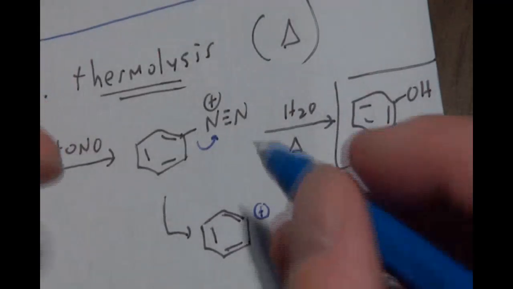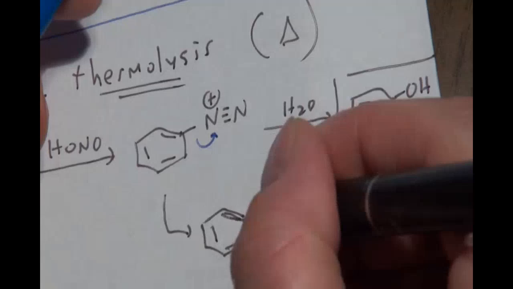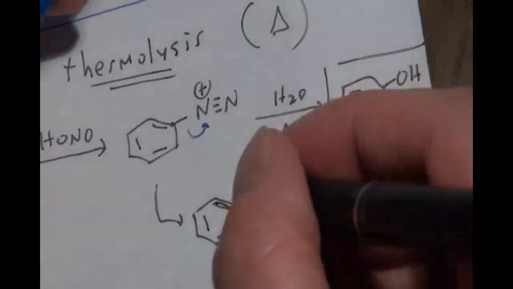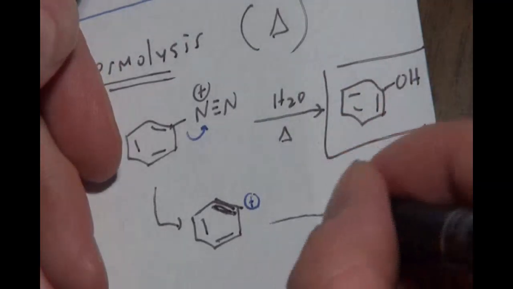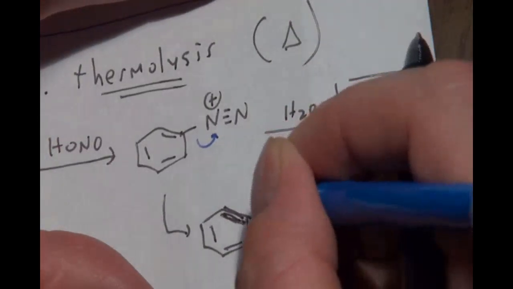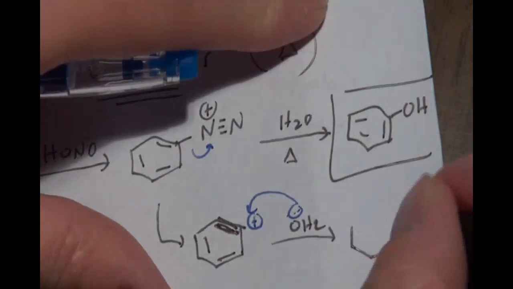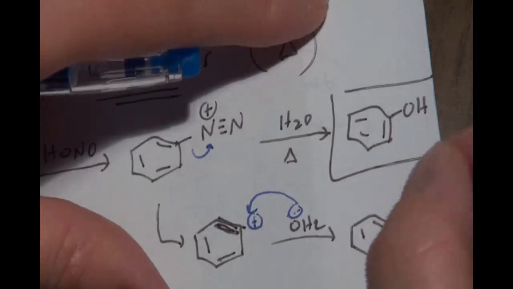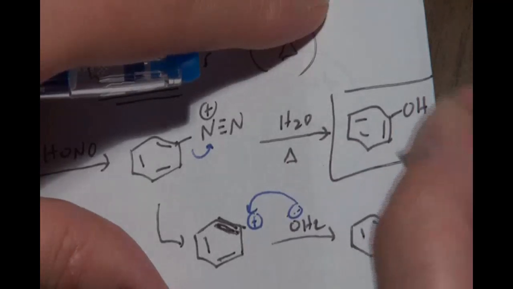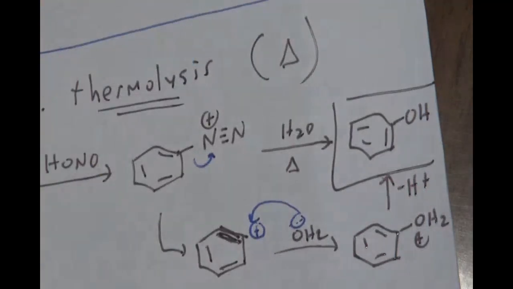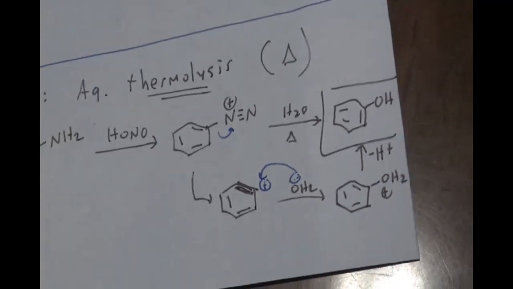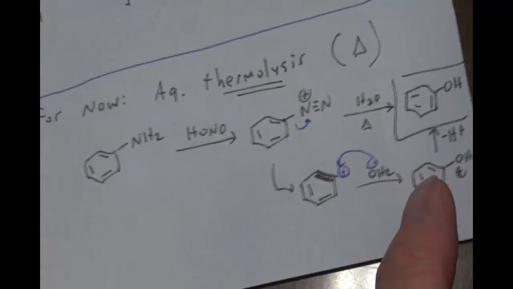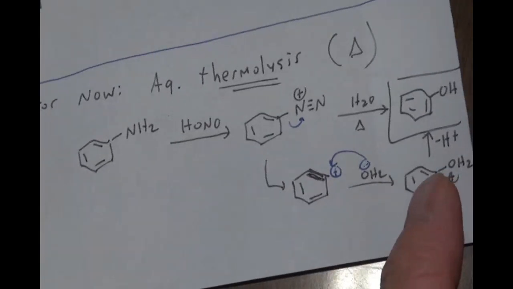That's not a happy carbocation with the aromatic ring there. But anyway, once that happens, water just attacks, and then loses a proton. So that's how an aromatic diazonium reacts with water to make a phenol, mechanistically. It's thermolysis with water.